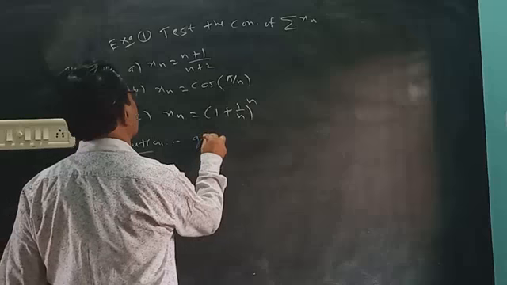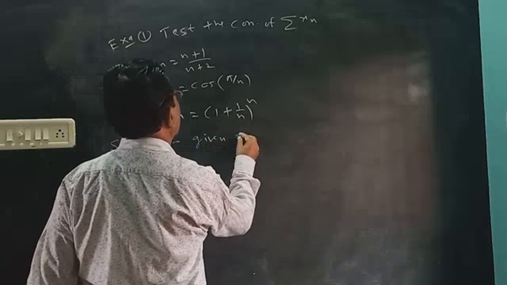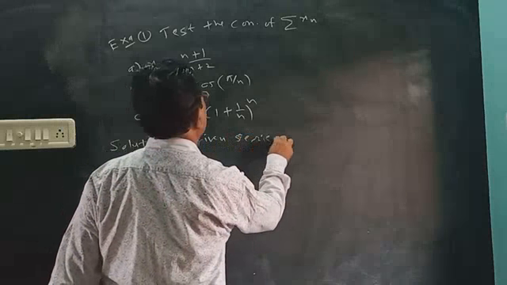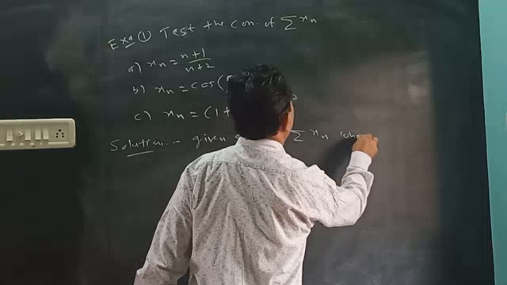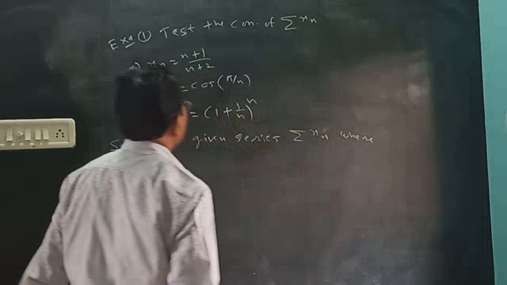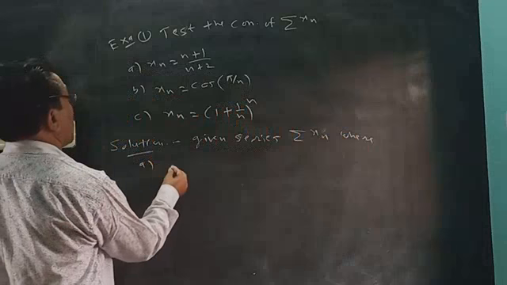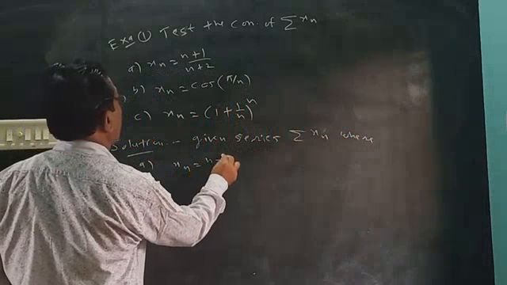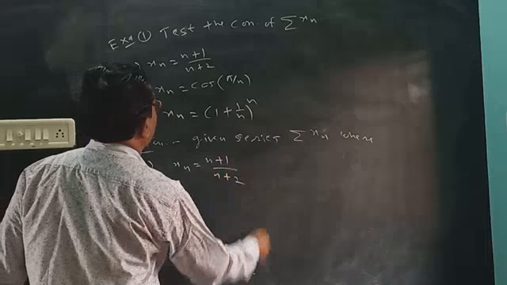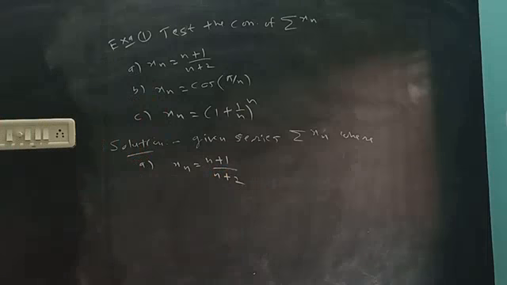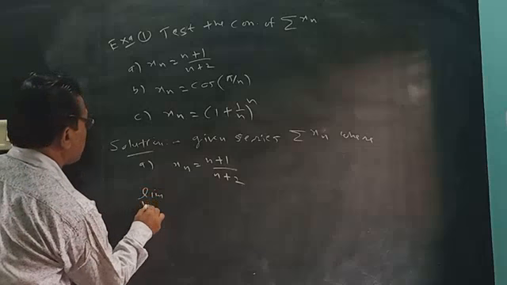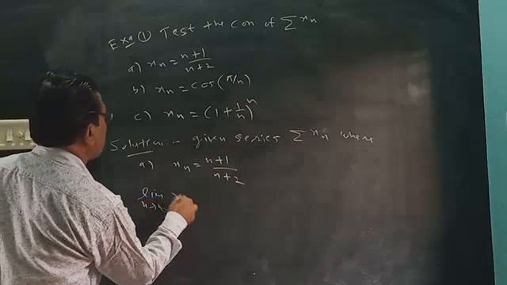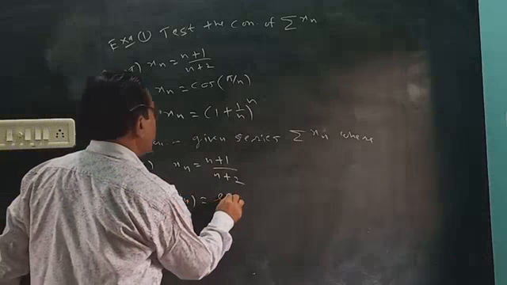So given the series summation xn, where the first part xn is n plus 1 divided by n plus 2. Now check whether the limit of this xn term is 0 or not.